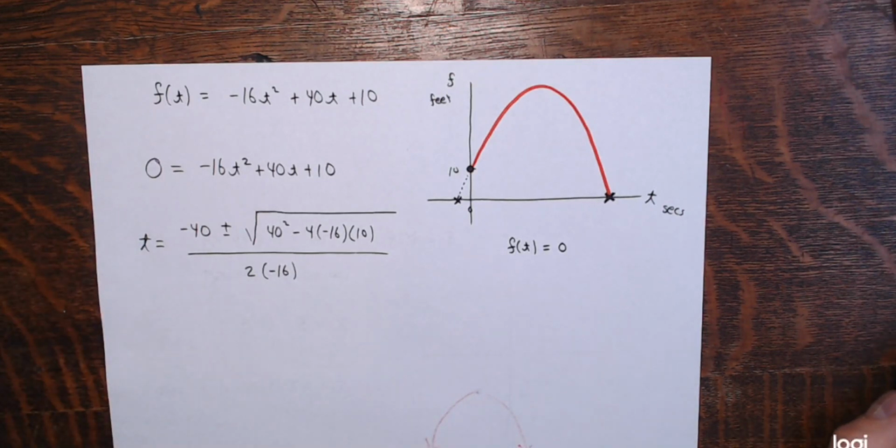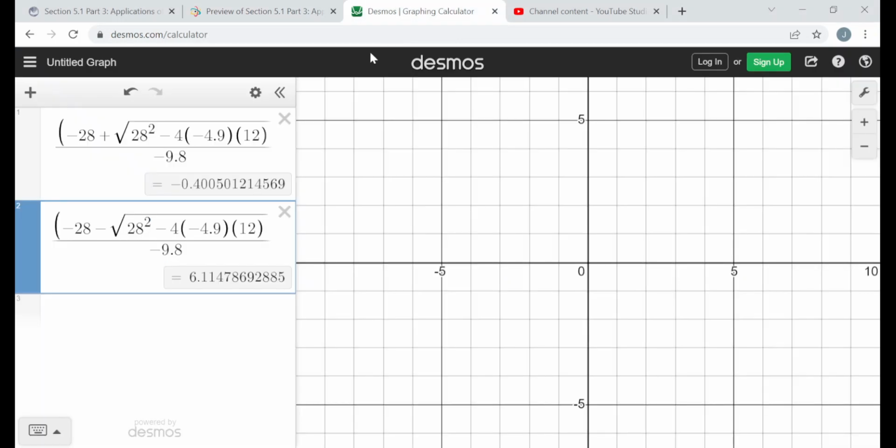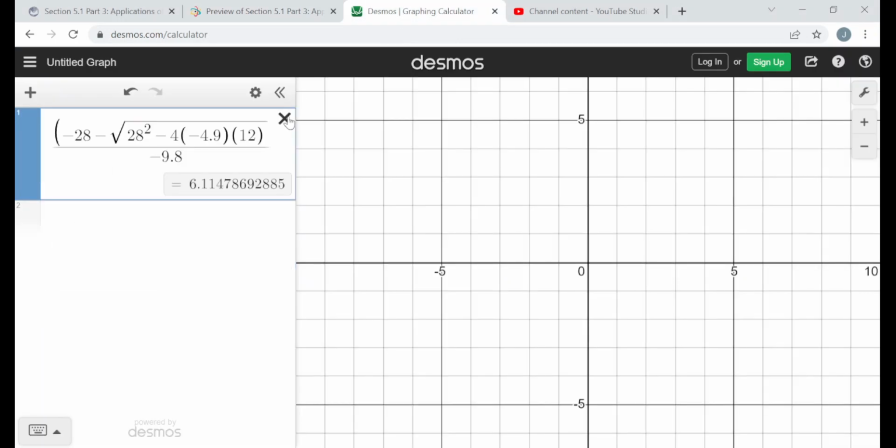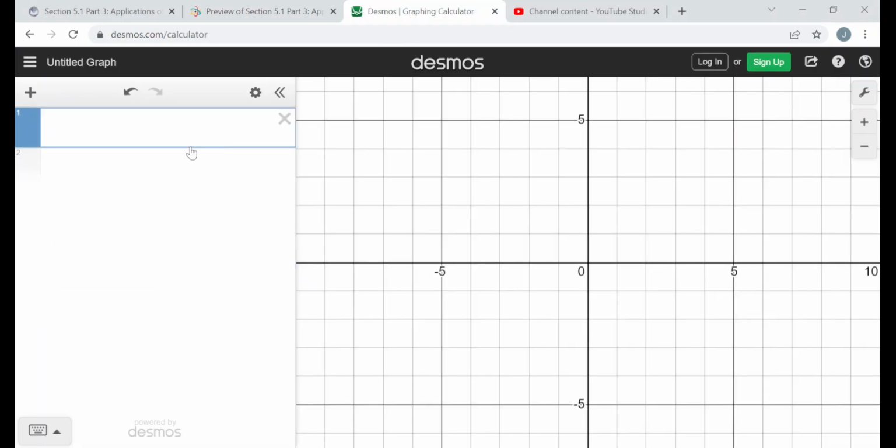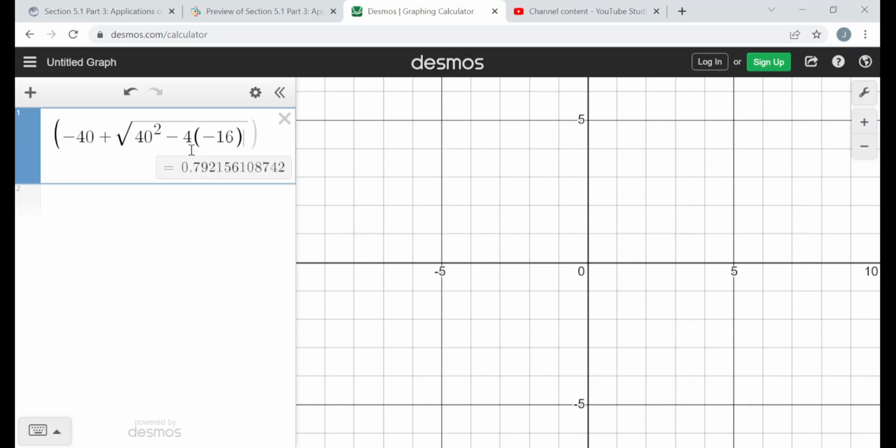And once again, I'll go back to the Desmos calculator. We'll punch this in. So the numerator, parentheses, we have a negative 40, then with the plus, and then the square root of 40 squared minus 4 times negative 16 times 10.